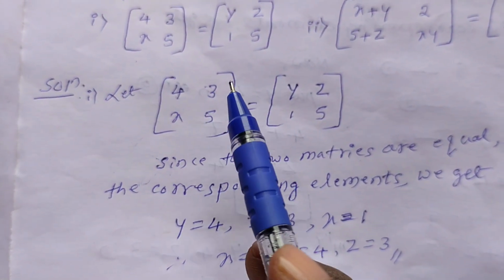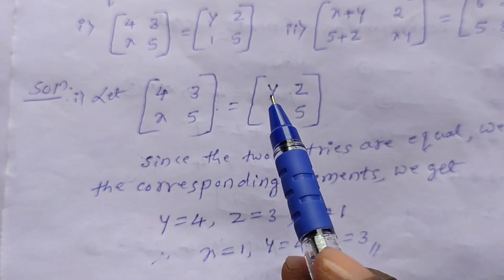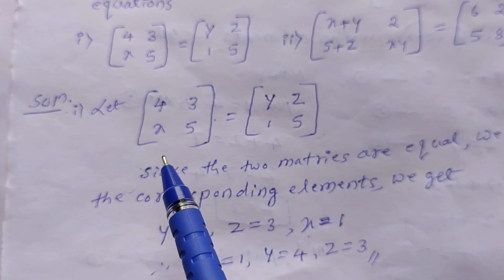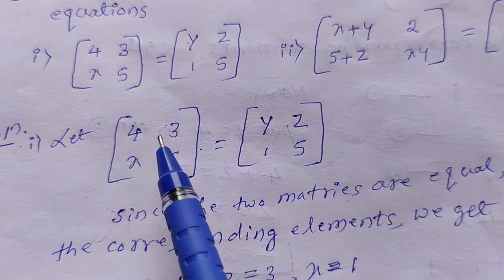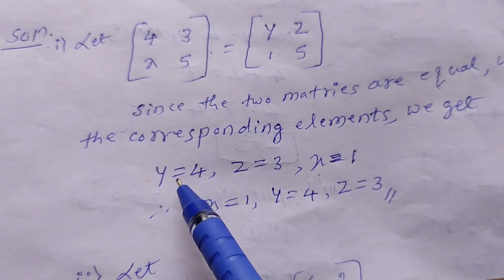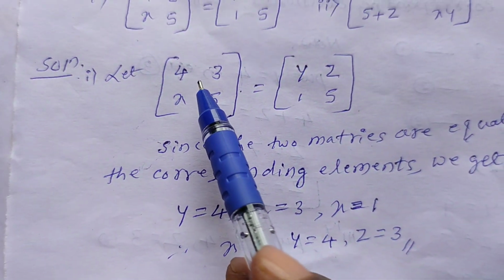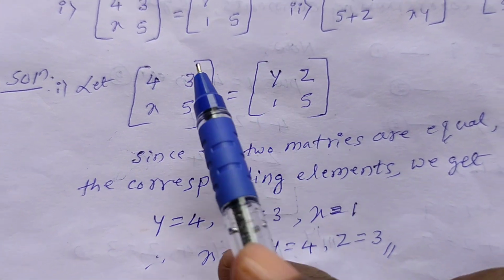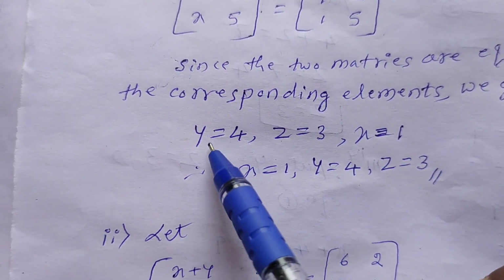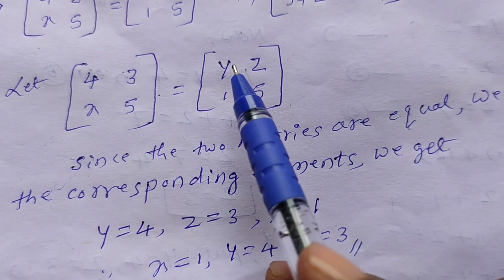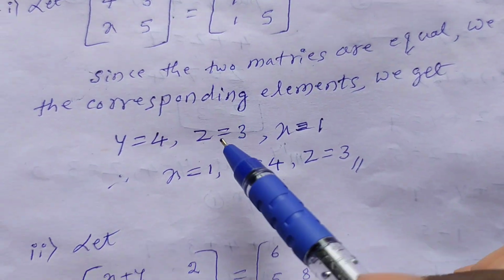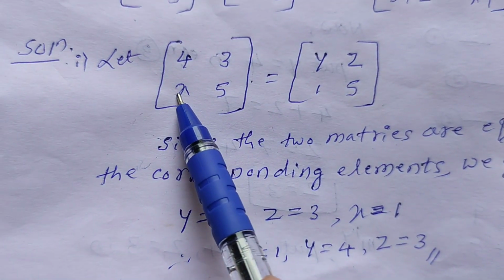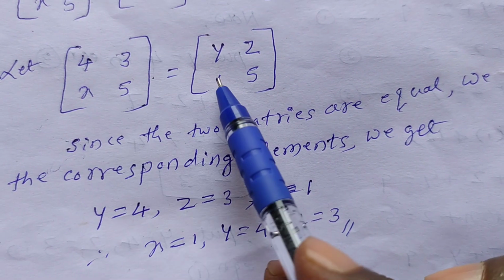On comparing the corresponding elements of the two equal matrices, we get the required values of x, y and z. Since the two matrices are equal and their corresponding elements are also equal, 4 equals y, nothing but y equals 4. Similarly 3 equals z, or z equals 3, as well as x, in place of x here is 1.